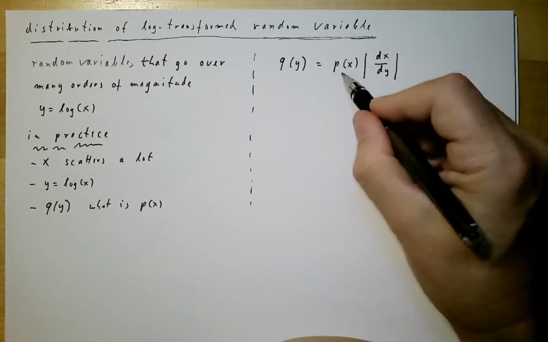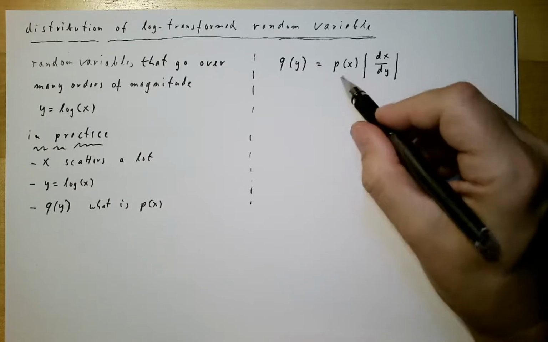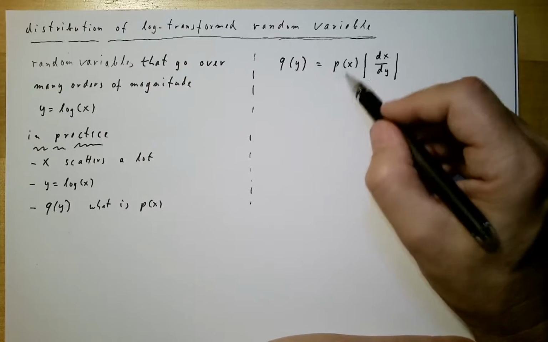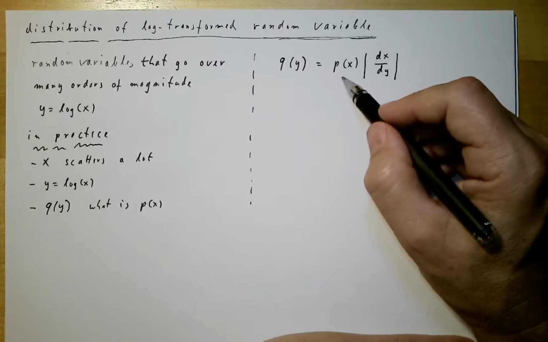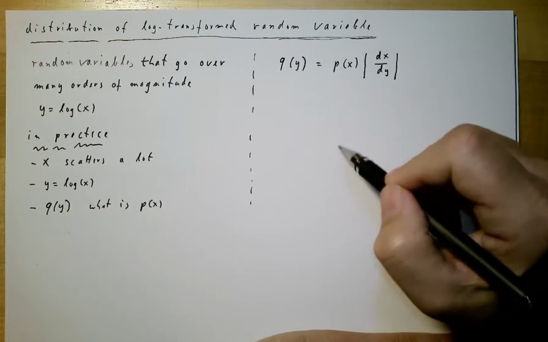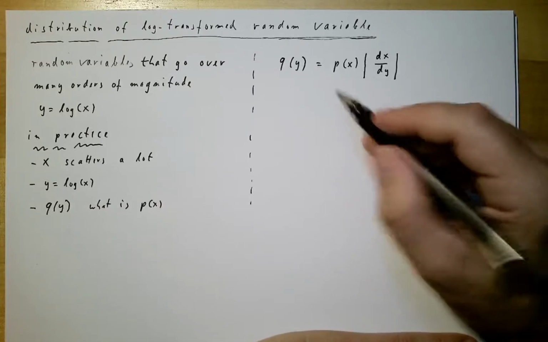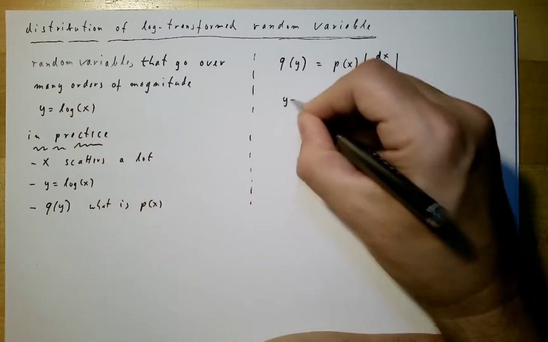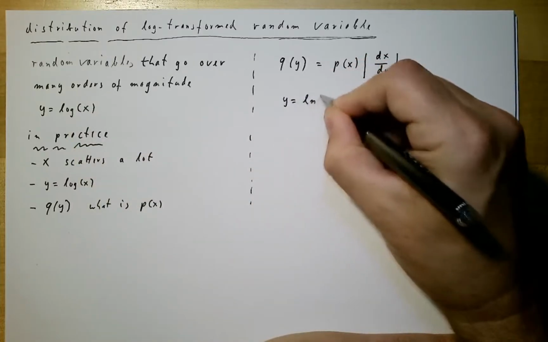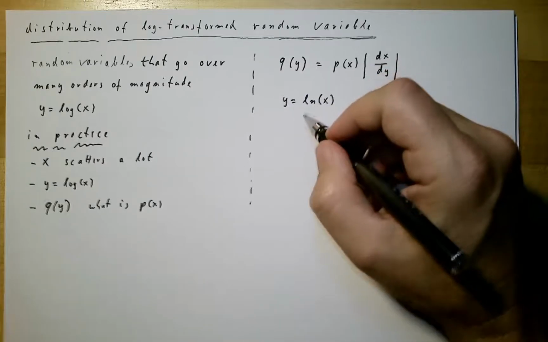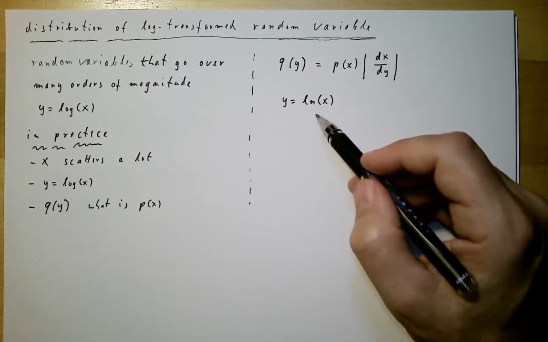And now this p of x is not uniform, this uniform assumption we took in the previous examples where we used inputs from a random number generator. And then what is the variable transform? y equals, and actually here I always take for simplicity the natural logarithm, because then we can take the derivative more easily.